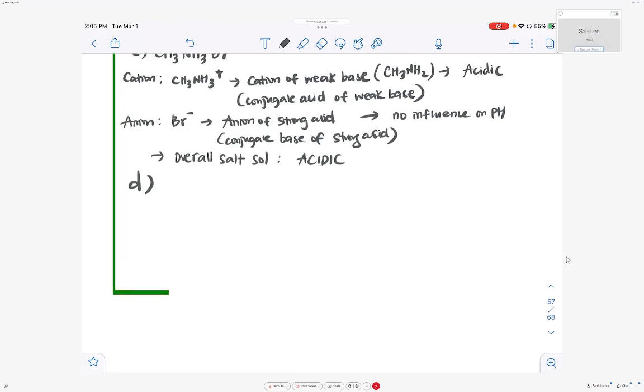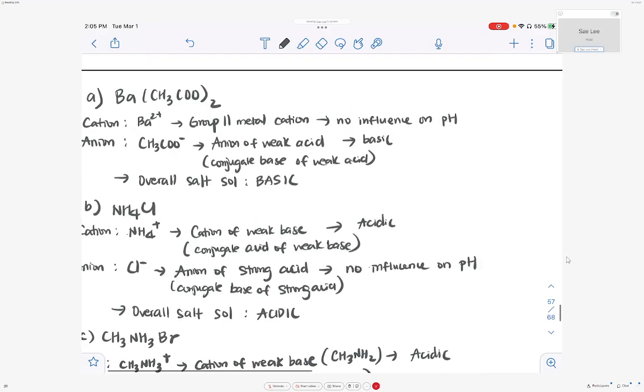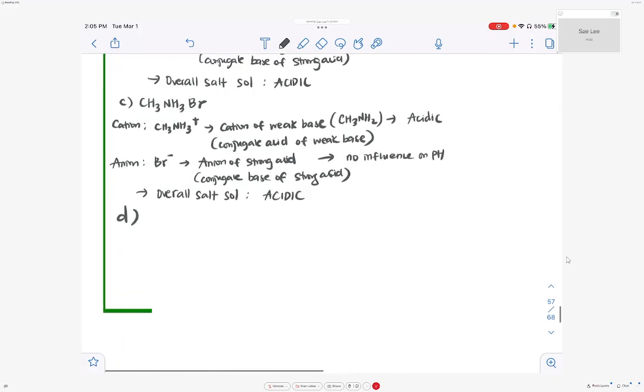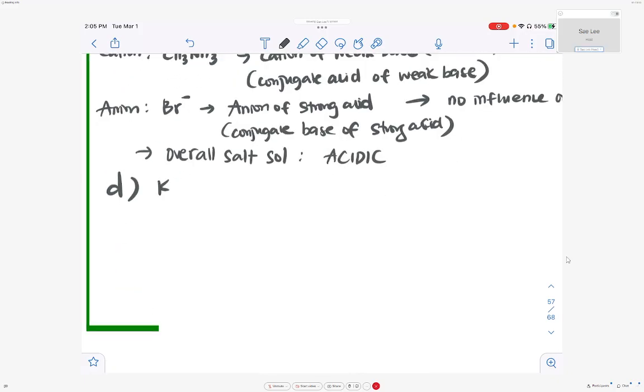Question D is potassium nitrate. For this salt, you have potassium as a cation.